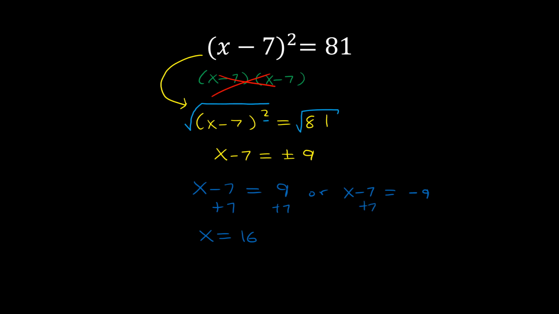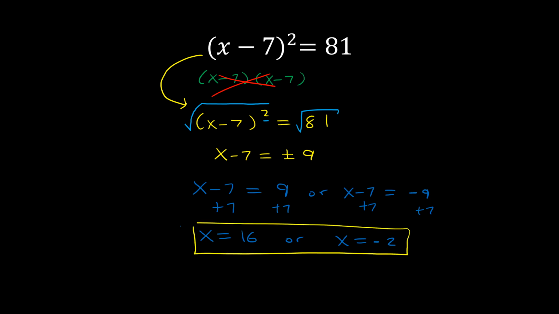And then add 7 over here as well. So x equals negative 9 plus 7, which is negative 2. So our answer would be x equals 16 or x equals negative 2. And again, you can always plug them back into the original to check if you wanted to.